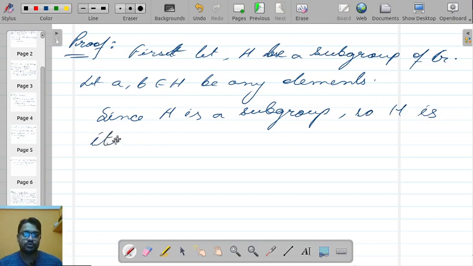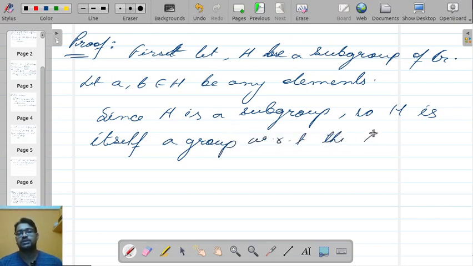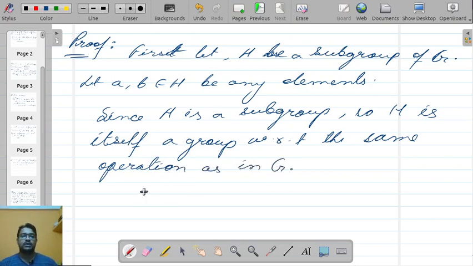Subgroup means it is itself a group with respect to the same operation as in G. Since it is a group, in a group each element has its inverse.